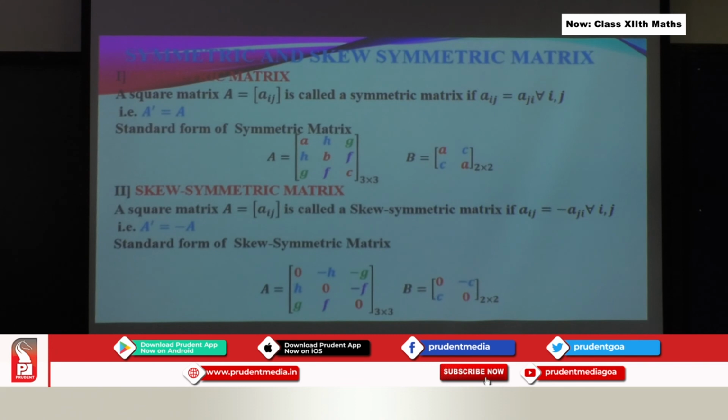Now look at the square matrix of order 2. It is very simple. You have A, and I can have the same number or a different number, but along the minor diagonal, this is your principal diagonal and this is your minor diagonal, both entries have to be the same.